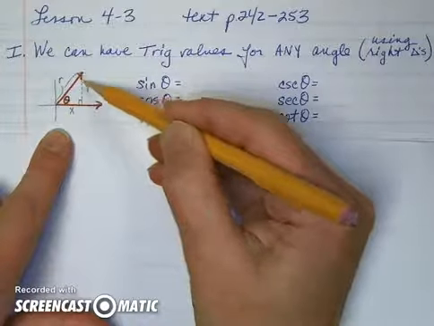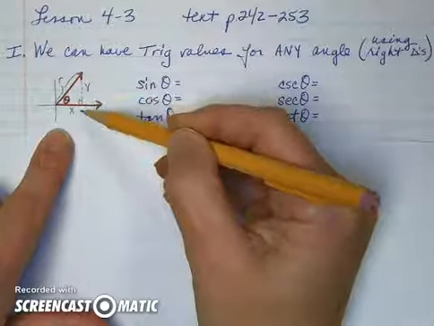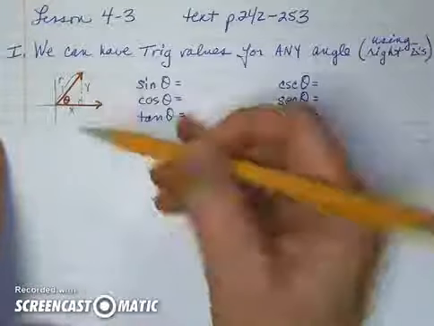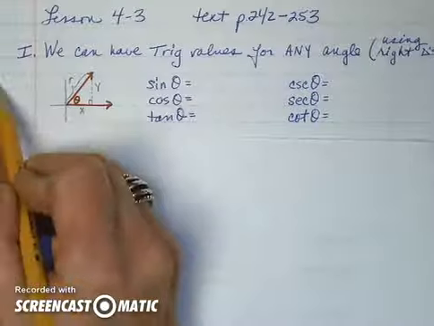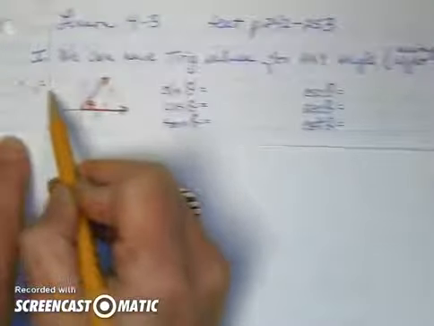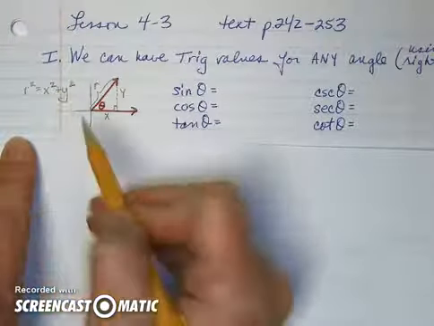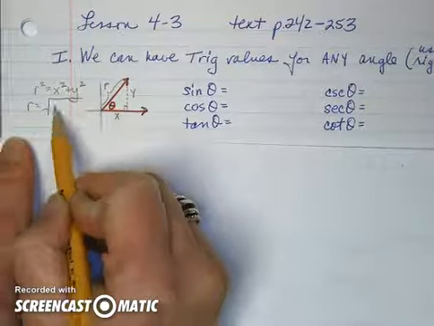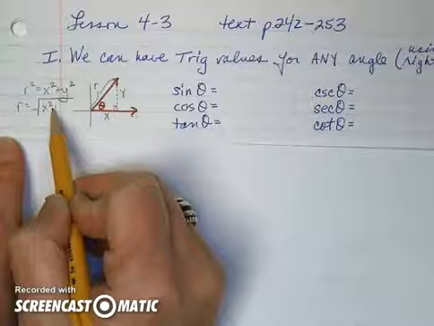And you can always make a right triangle. Let's calculate what r would be. r squared would equal x squared plus y squared, so r would equal the square root of x squared plus y squared.